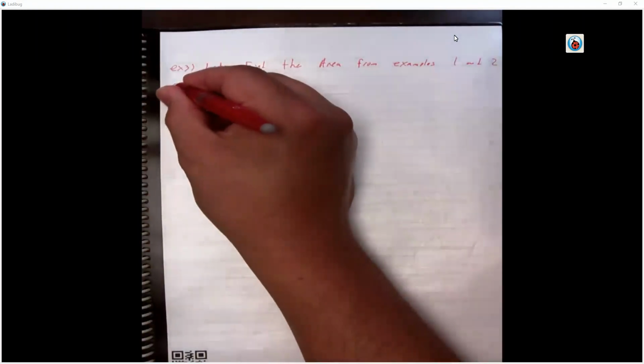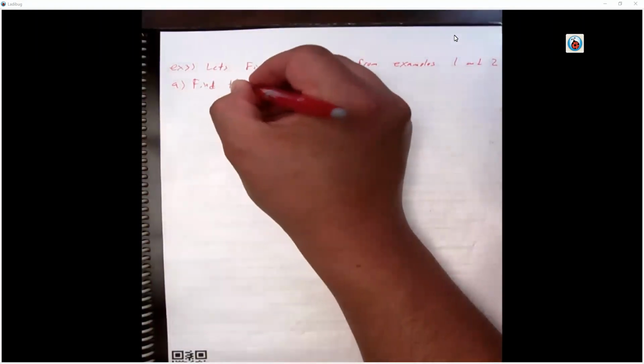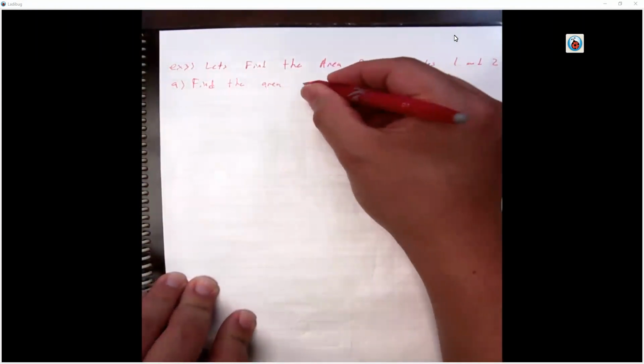So basically, I'm going to say, go back to the last question you solved, where you found all the sides yourself, and find the area of that triangle. On part A, for example 1, find the area of example 1.